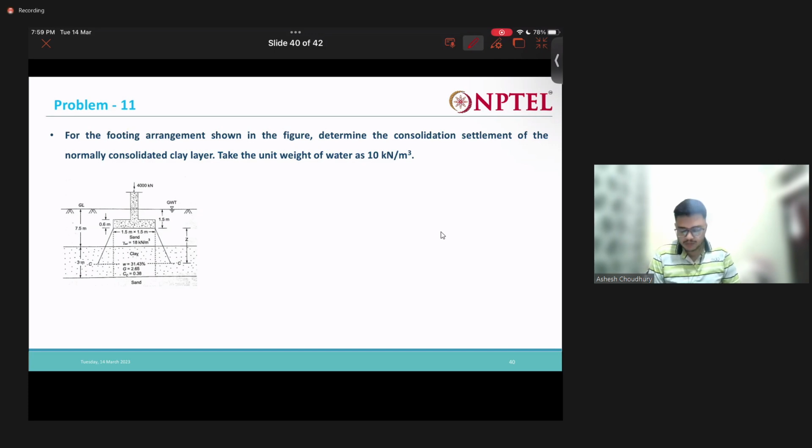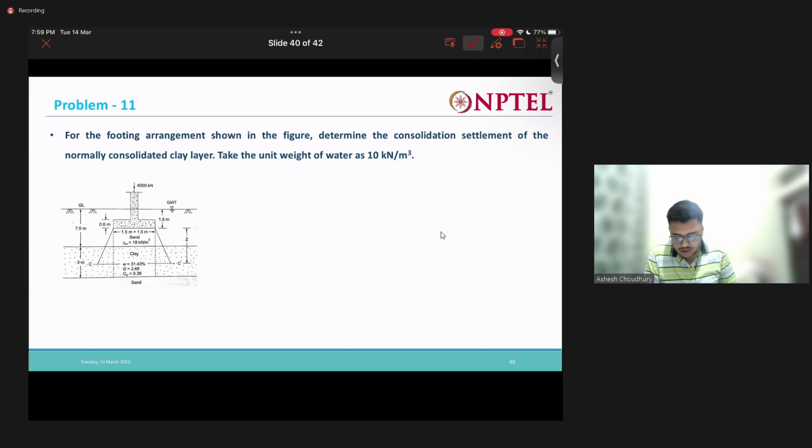So how to do this? Similar to the previous problem, let us first calculate the unit weights. The saturated unit weight of the sand is actually given to us.